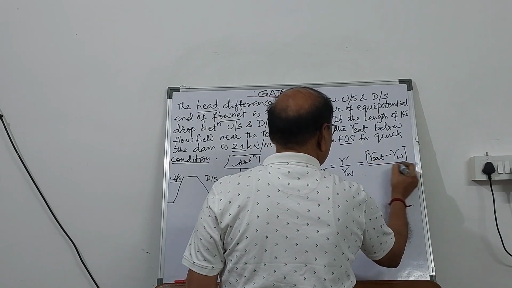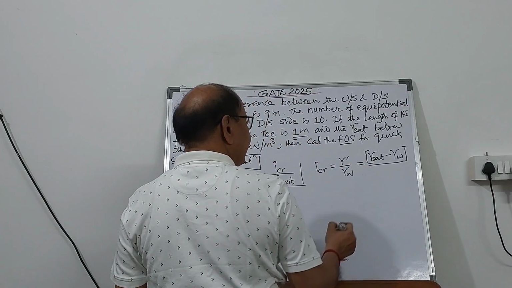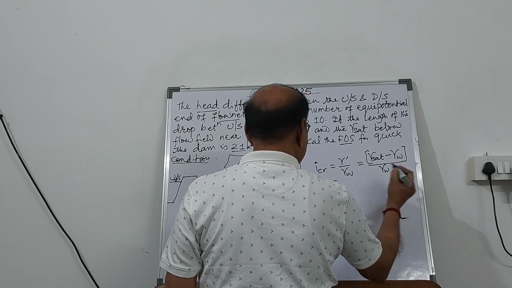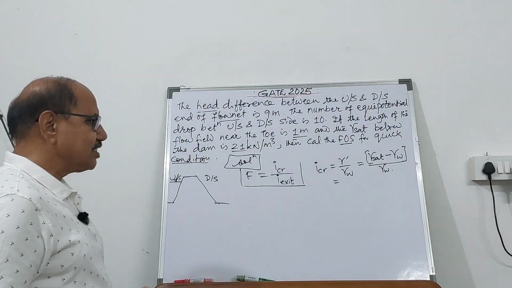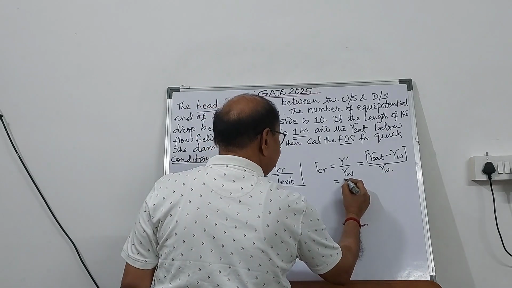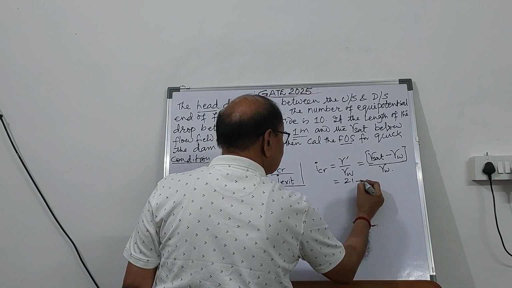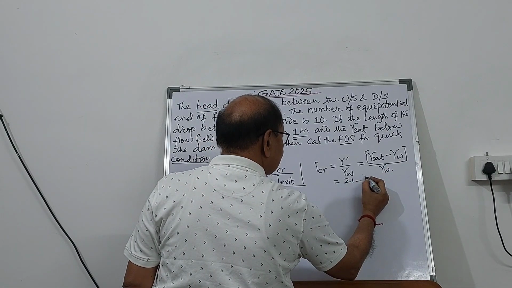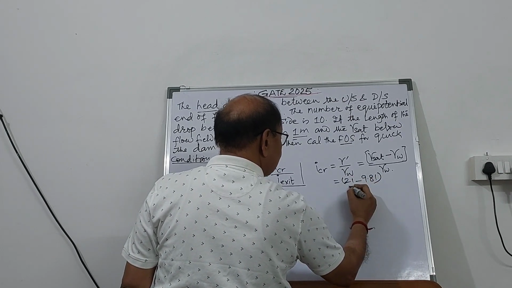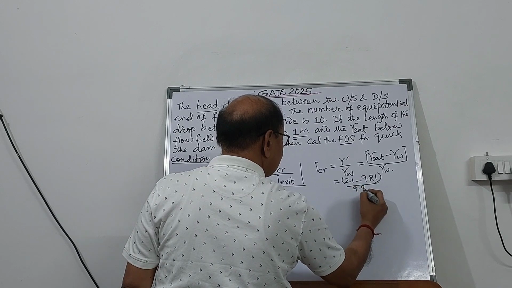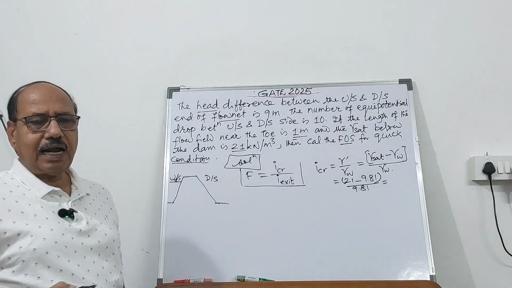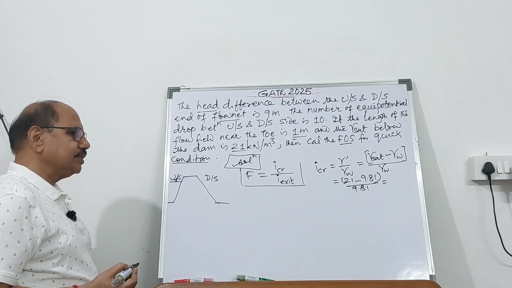The difference of the two will give me the submerged unit weight, divided by gamma W. So you can calculate this very easily. The value of gamma saturated is going to be 21, divided by gamma W, the unit weight of water, 9.81. So you can calculate the critical hydraulic gradient very easily.